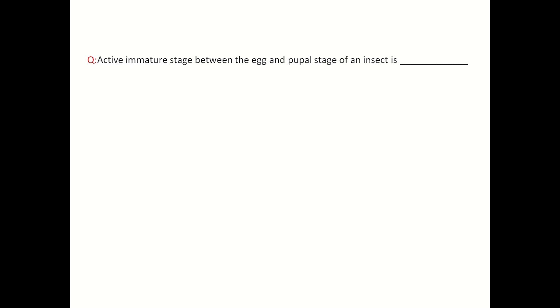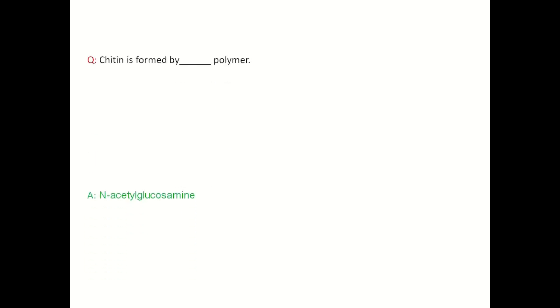Active immature stage between the egg and pupal stage of an insect is larva. Chitin is formed by N-acetylglucosamine polymers. The pupa enclosed in a protective cover, to get protection against adverse conditions and natural enemies, is known as cocoon.